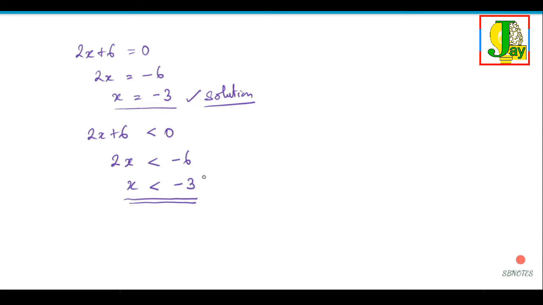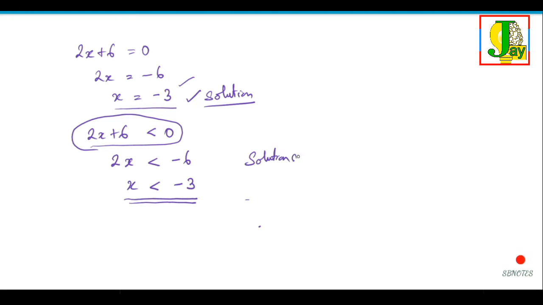It means any number which is less than minus 3 is the solution for this inequation. In the equation there is only one value of the variable and we say that is the solution. But here, with less than minus 3, how many numbers do we get? Infinite, right? So now it is not a solution, it becomes a solution set.